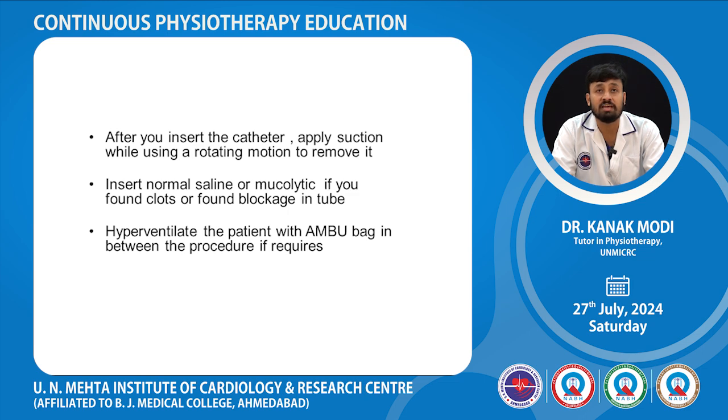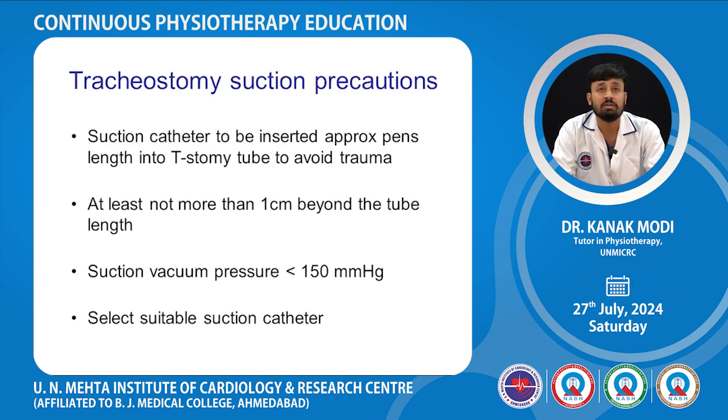After you insert the catheter, apply suction while using a rotation motion to remove it. Instill normal saline or mucolytic if you find clots or blockage in the tube. Hyperventilate the patient with an ambu bag in between the procedure if required.